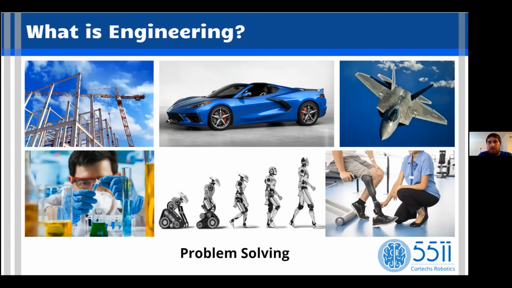So there are what's called biomedical engineers that create engineering solutions for the medical field, whether that be prosthetic limbs, medical equipment, testing equipment like X-ray machines, MRI machines, anything in the health field you can do as a biomedical engineer.